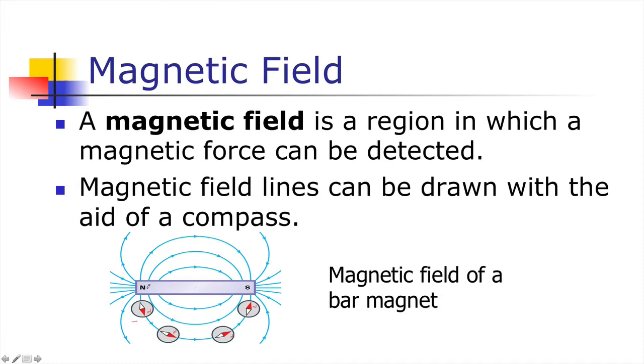So if you don't know the south and the north pole of a small piece of magnet that you come across, you can take a few magnetic compasses and put them around that piece of magnet. The compasses will arrange themselves in such a way that they show the direction of the magnetic field. Okay, all right.